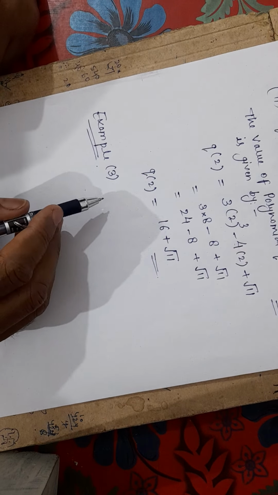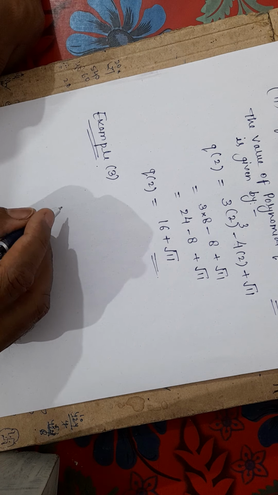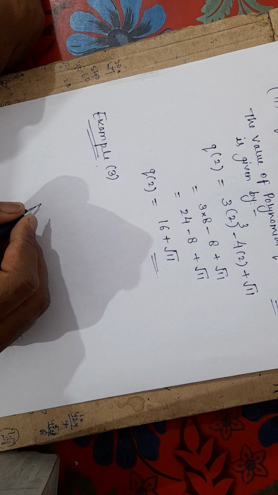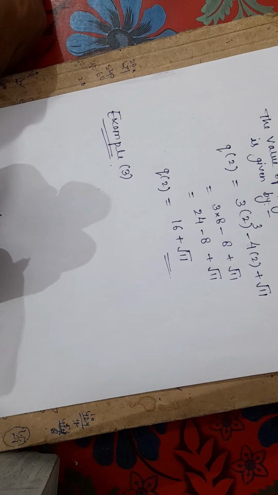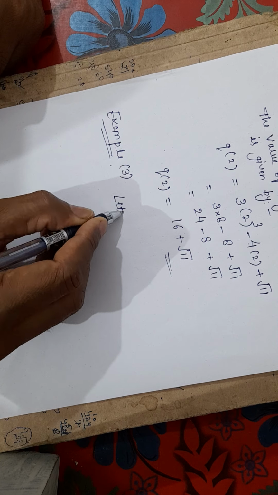In example number 3 it is given, check whether minus 2 and 2 are zeros of the polynomial x plus 2.